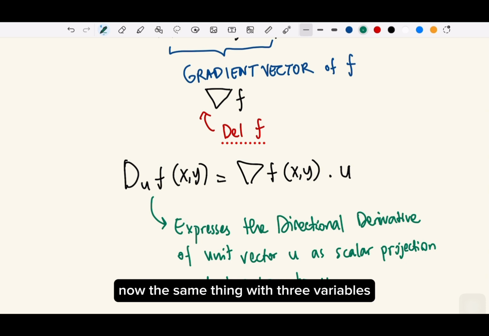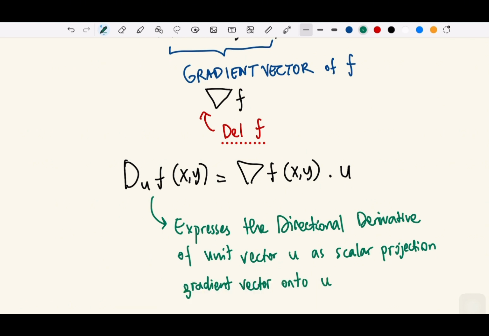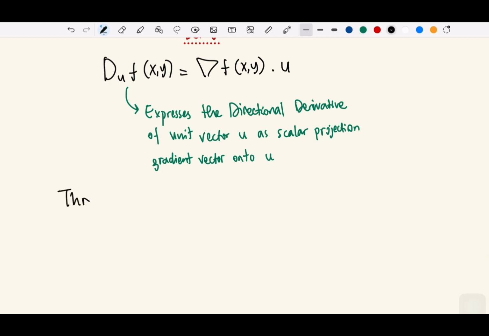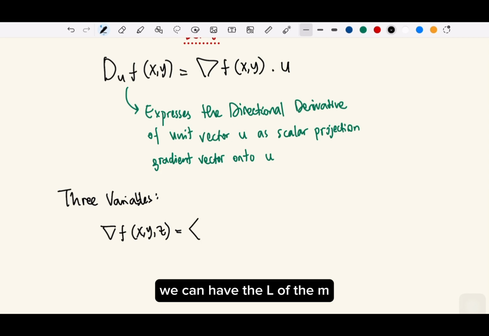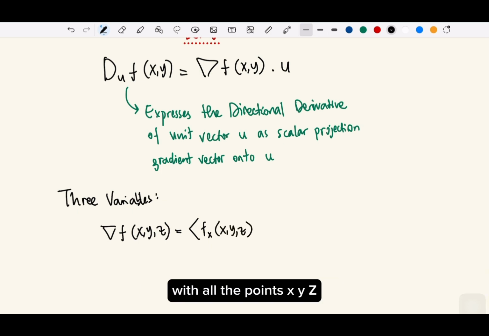Now the same thing with 3 variables. We can still apply a similar approach. So let me write the summary of this. If we have 3 variables, we could have the del of f, expressing the gradient at all the points x, y, z.